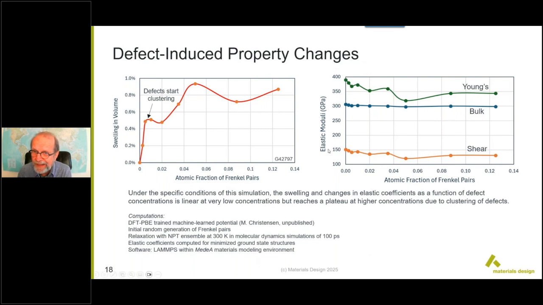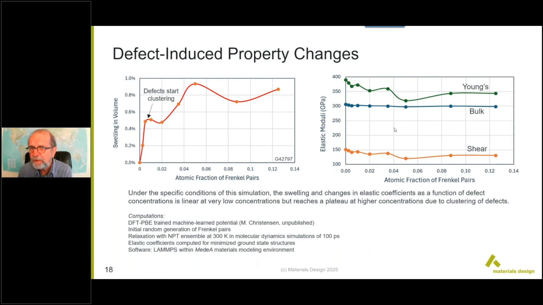And if you look at the elastic moduli, Young's modulus, bulk modulus, shear modulus, as you might expect, at the very beginning, you get a linear behavior. Essentially, as you introduce these defects, in this case, under these scenarios, you get a weakening, softening of the material, and then plateauing of these elastic properties. So this is just for very specific conditions.